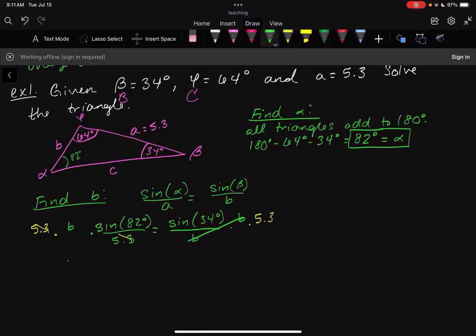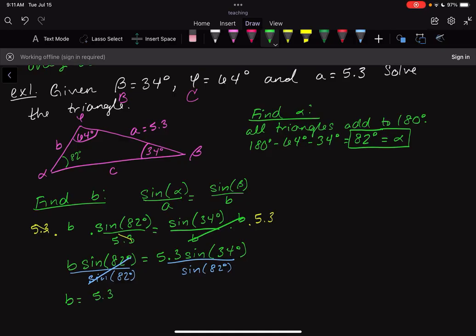So what I end up with is B sine 82 degrees is equal to 5.3 times sine 34 degrees. Then I can divide both sides by sine 82. So I get B is equal to 5.3 times sine 34 degrees divided by sine 82 degrees.